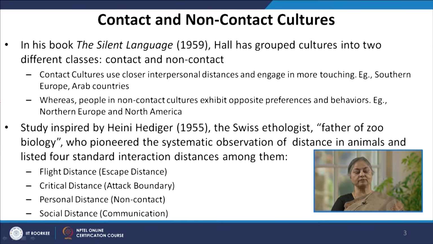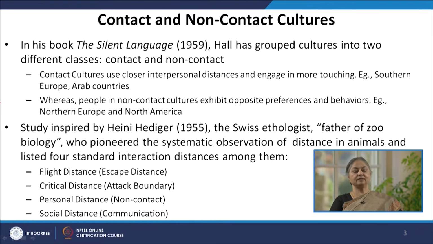It can also be commented in passing that Hall's distinction of four zones of proxemic distances was also deeply inspired by a study by Heini Hediger, who is also known as the father of zoo biology. He was a Swiss ethologist and he had systematically observed the distances which different species of animals maintained in their behavior in contact with each other.